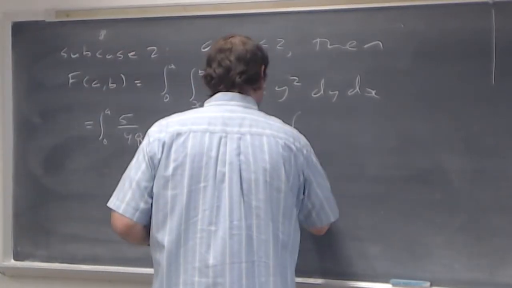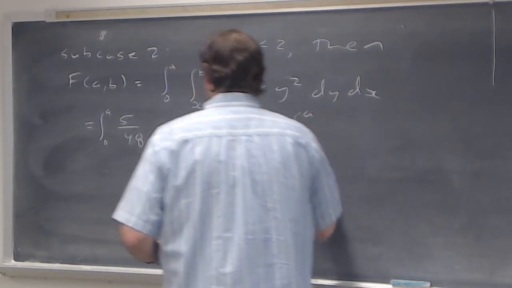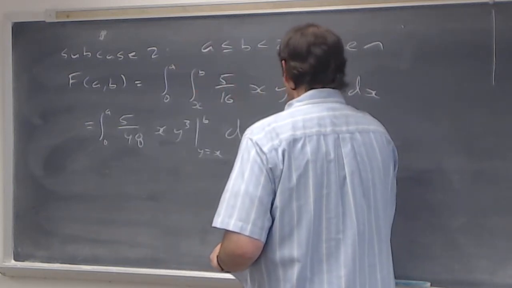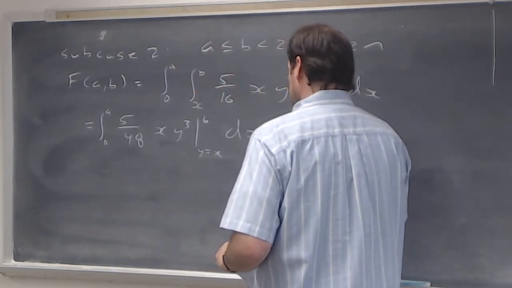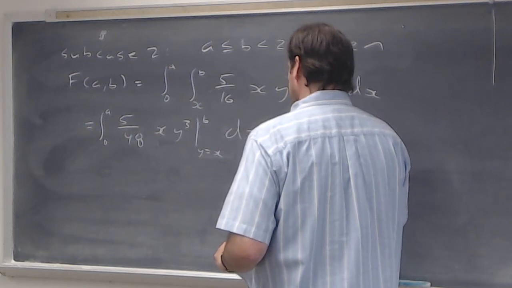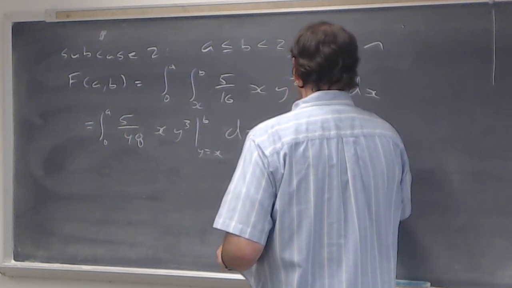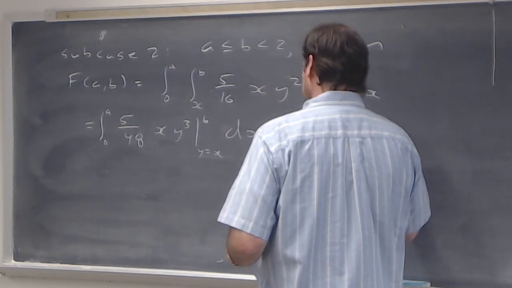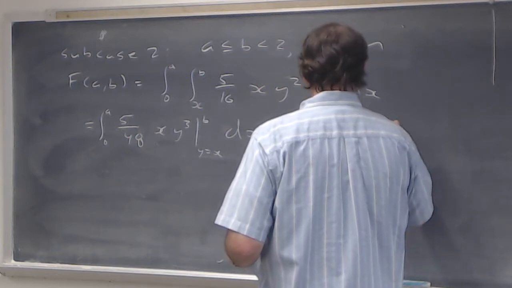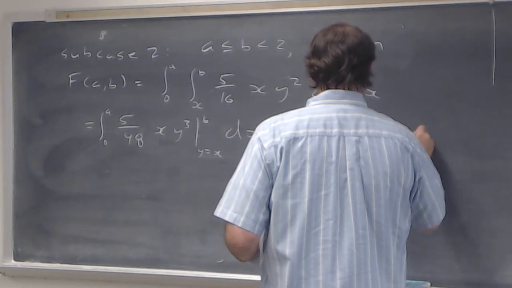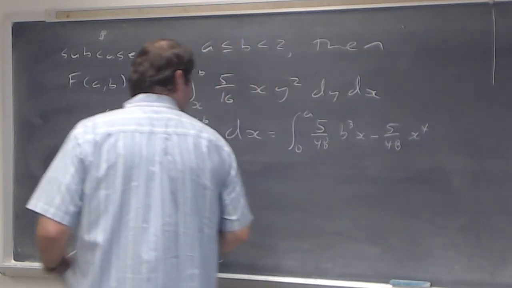That's equal to the integral from 0 to a of 5 over 48. Remember I'm sticking in values for y: it's b to the 3rd x minus x to the 4th. So 5 over 48 x to the 4th, dx.